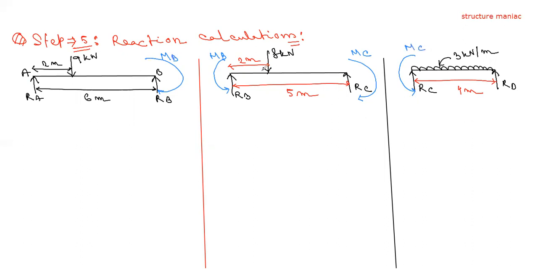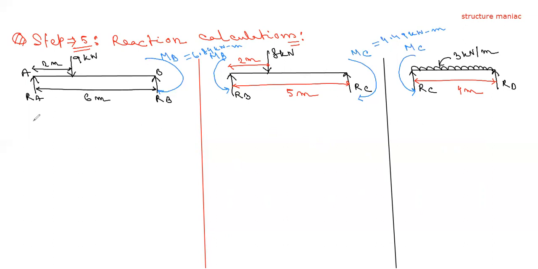The values of MC and MB were 4.49 kilonewton meter and 6.84 kilonewton meter respectively. Now for these three spans, you just apply the equations of statics.